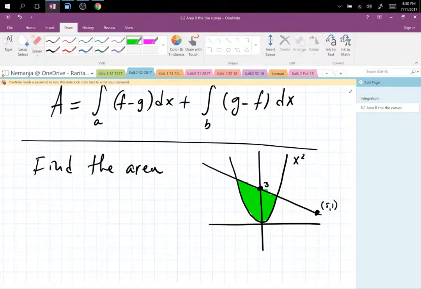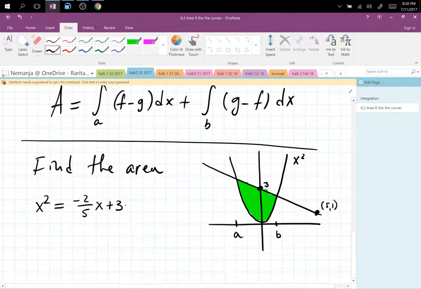We are going to set two equations equal to each other to figure out the limits of integration. So a and b, our a is over here and b is over here. So that's x squared is equal to the equation of the line. The slope is, we have a 0 and 3, so that's going to be 2 units down, so negative 2 over 5 units across, x plus 3.